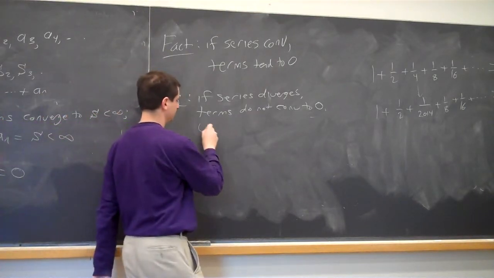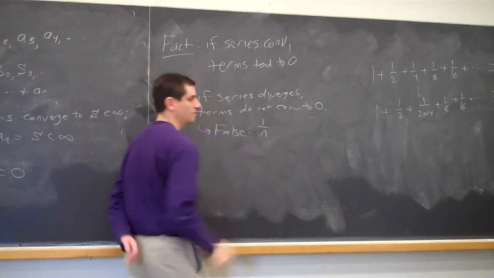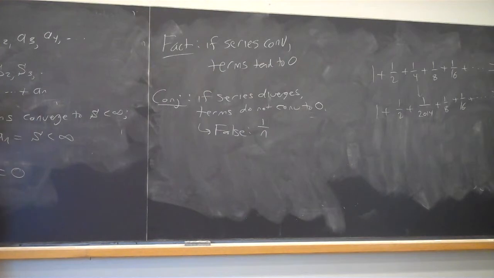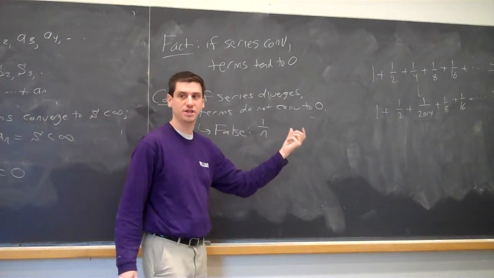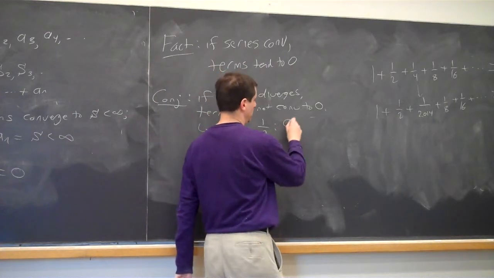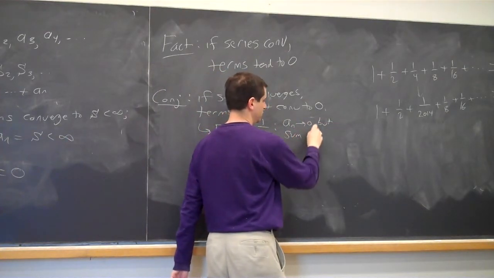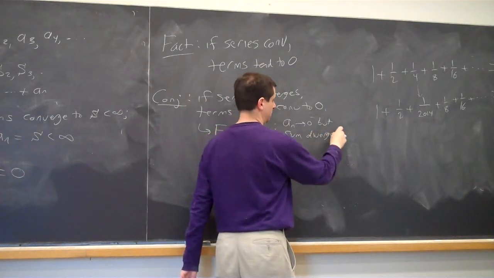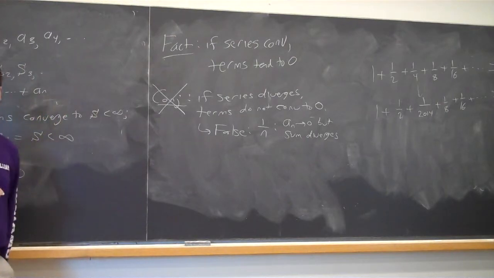It's like the reverse. If I look at 1 over n, the terms are tending to 0, but the series diverges. So here An goes to 0, but the sum diverges. So this conjecture is false.